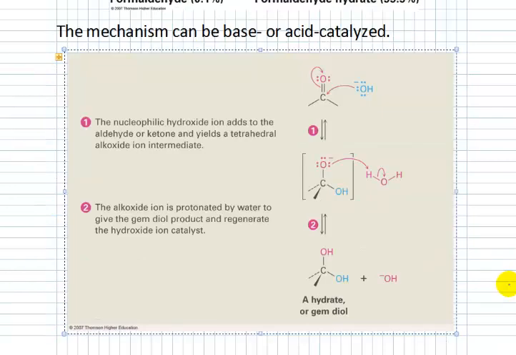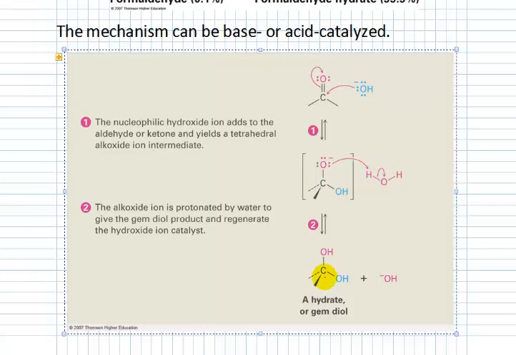We can do a base catalyzed or an acid catalyzed mechanism. The base catalyzed mechanism is the most straightforward. If I have hydroxide present with the carbonyl, the nucleophilic hydroxide will add to the carbonyl carbon, kicking electrons up onto the oxygen. So we get an alkoxide ion intermediate, which can be just protonated by the water that's present in the rest of the reaction mixture.